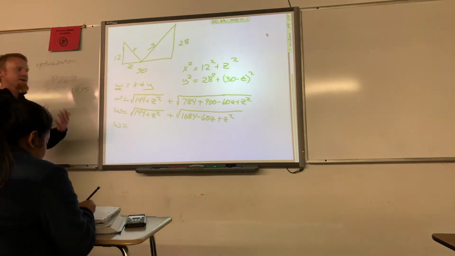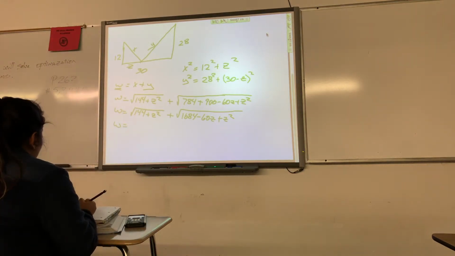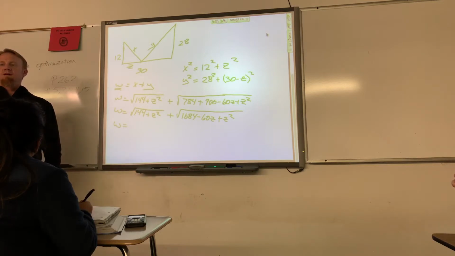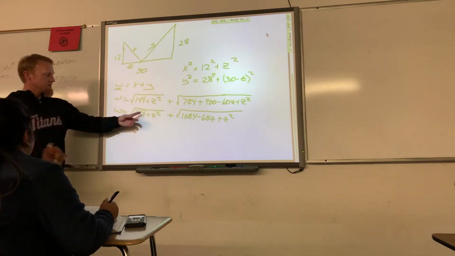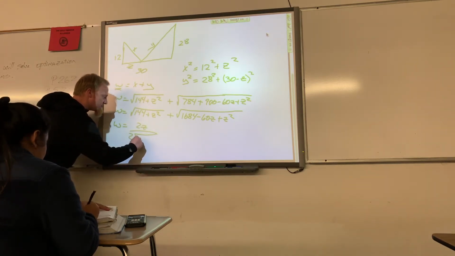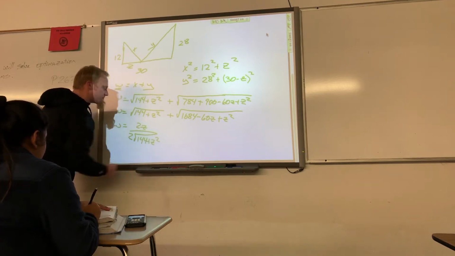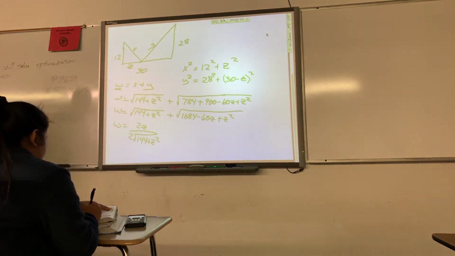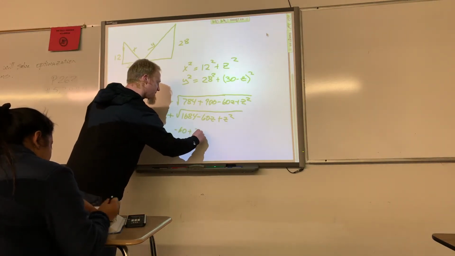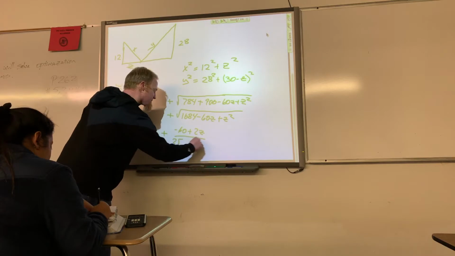Actually, at this time, the radical is going to have to stay since they're separate. Okay, remember what's the easy way to take the derivative of a radical? There's a quicker way than making it parentheses. 1 over 2 times the radical, and then the derivative of the inside of the radical goes on top. So the derivative of the inside of the radical is 2z, and then 2 times the radical down here on the bottom. All right, plus negative 60 plus 2z over 2 times the radical.